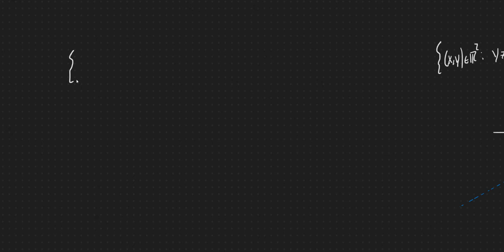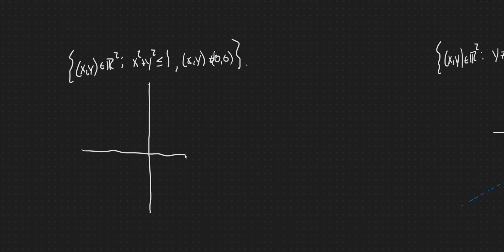If I did the set, let's say xy in R2, such that it's inside of the closed unit disk, and let's say we get rid of the origin. So I also add the condition that xy is not equal to 0, 0. So this would look like everything in the closed unit disk, except for the origin. I'd have a little open dot around the origin.